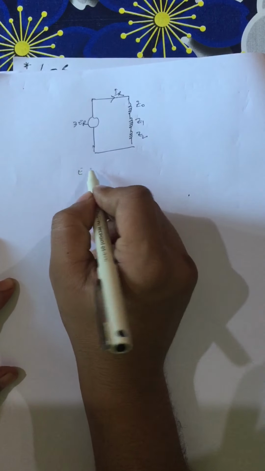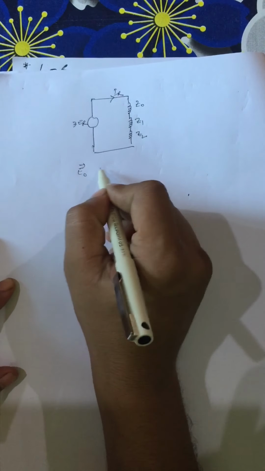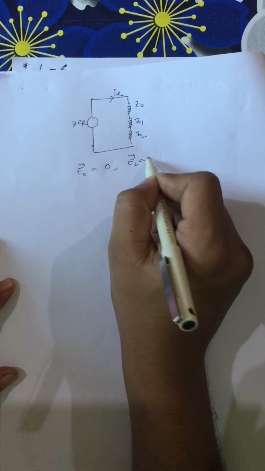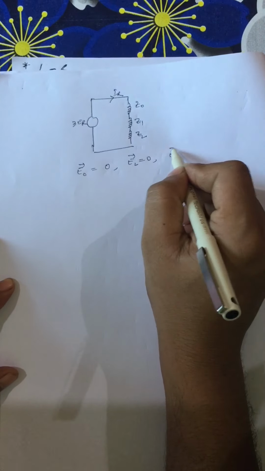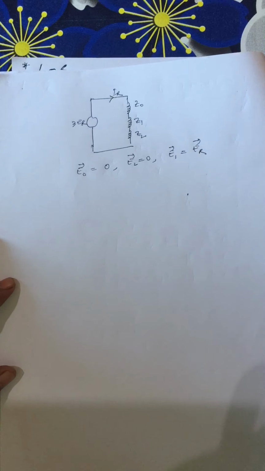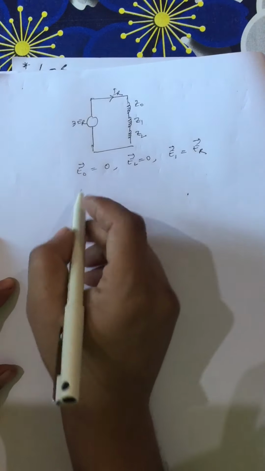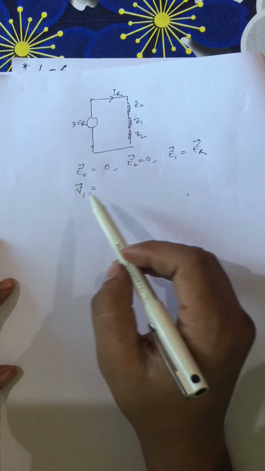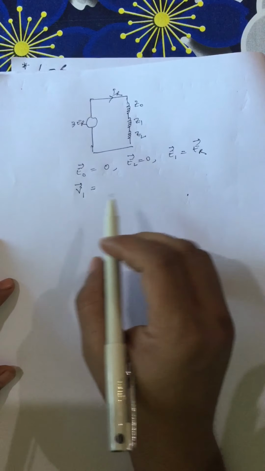So the zero sequence induced EMF will be 0, the negative sequence induced EMF will be 0, and the positive sequence induced EMF will be equal to ER.